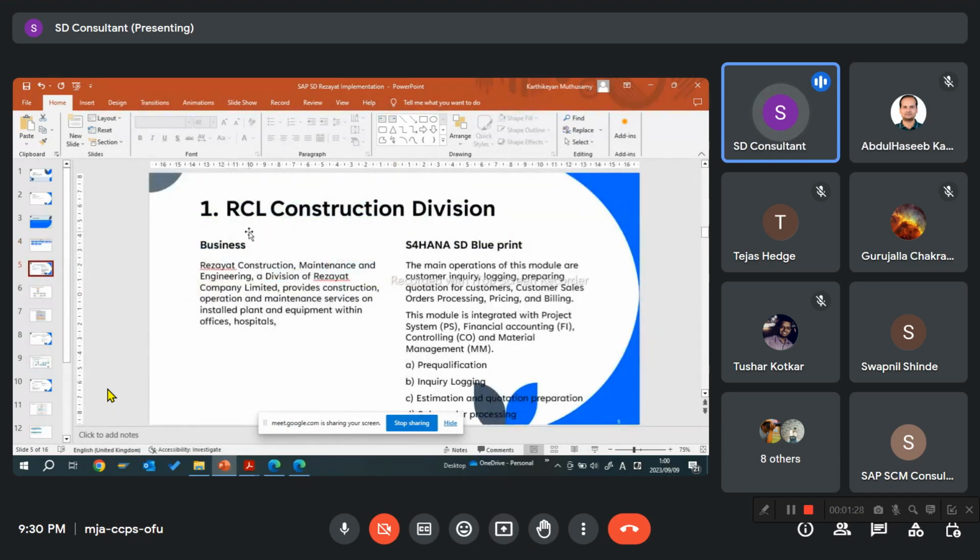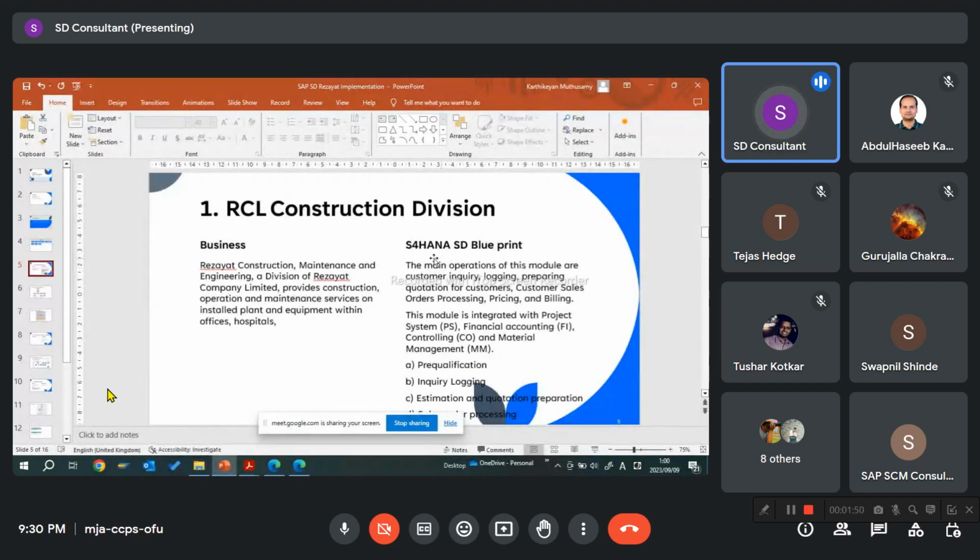First, I'm going to explain the construction division. Resayat also does a construction business, providing for government sectors, private sectors, and other areas, covering major companies and hospitals. They construct for various customers.